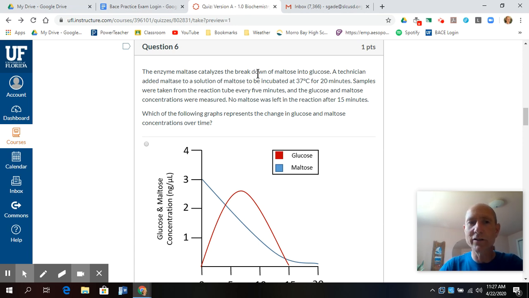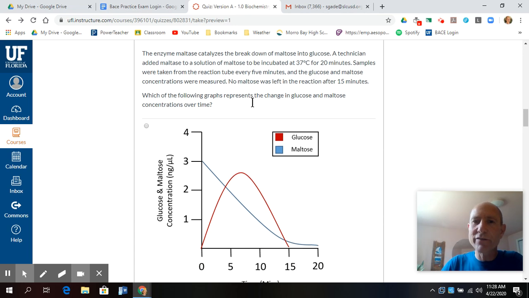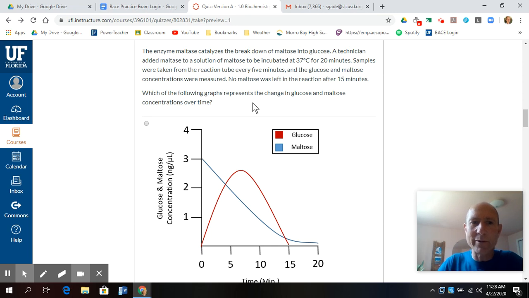Maltose is turning into glucose. A technician adds maltase to a solution of maltose. Maltase is the enzyme and maltose is the sugar, to be incubated at 37°C for 20 minutes. Samples were taken every 5 minutes and graphed blah, blah, blah. Which of the following graphs represents the change in glucose and maltose?